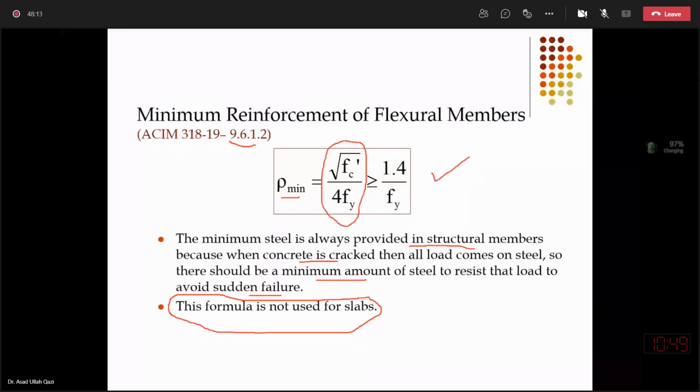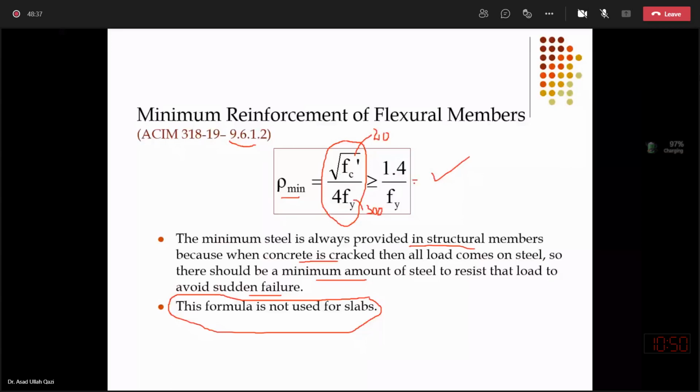Now in our example problem, these questions are based on test results. In our example problem, FC prime is 20 and Fy is 300. So what will be the answer from left equation and then from the right equation?